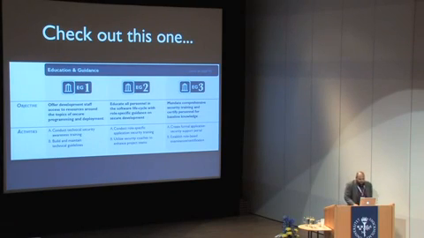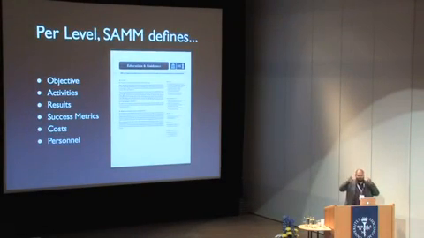Okay. Now, besides that, for each of the SAM levels, so we have the 12 practices, we have 3 levels under each, and this is where we map in per level a bunch of extra metadata, right? We have not only the objective and the activities like we just looked at, we actually describe those activities with about 2 to 3 paragraphs of text.